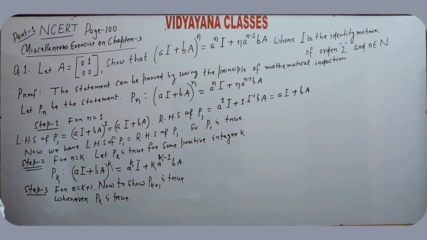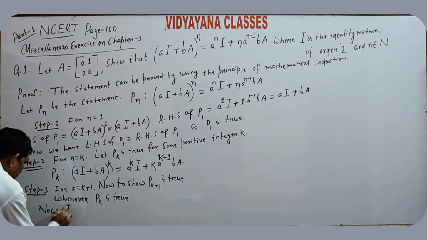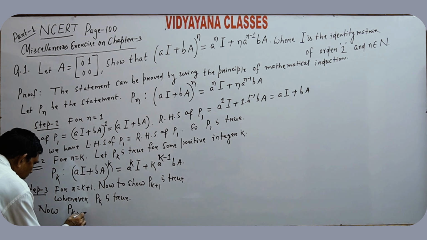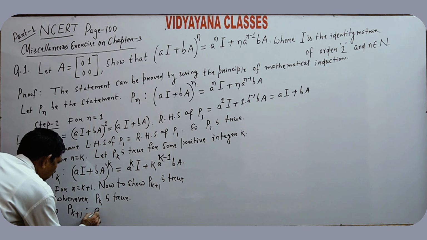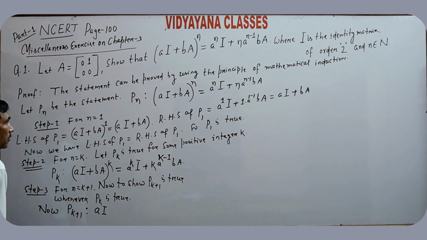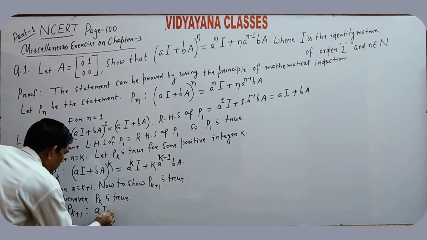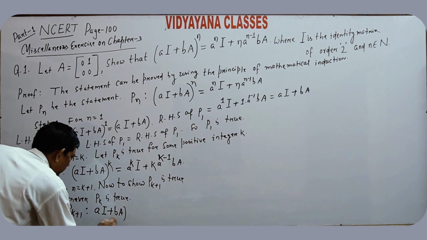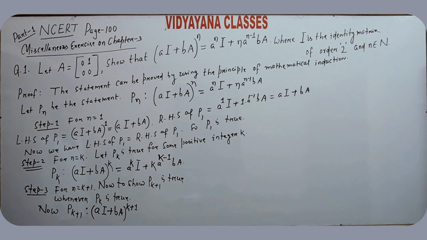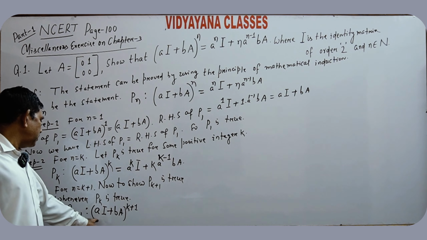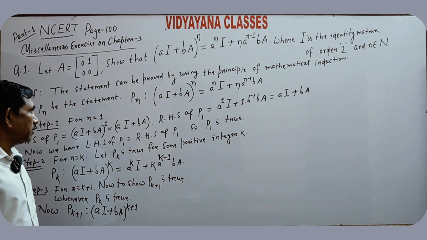The third step must be proved with the help of the second step, that is P(k). Now, P(k plus 1) so that (aI plus bA) whole to the power k plus 1. The left hand side is (aI plus bA) whole to the power k plus 1.